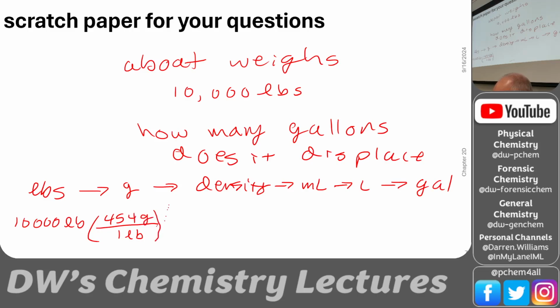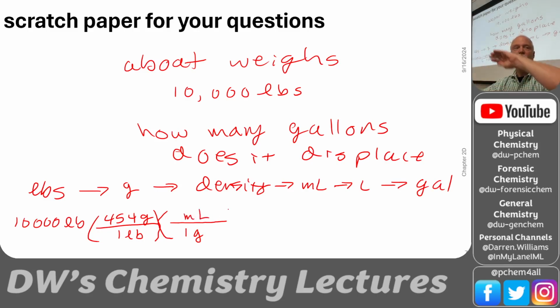I got a really funny story about that, but I'll tell you later. Okay. And then I want to get out of grams and into milliliters, and I can use water for that. And I know the density of water is 1 gram per milliliter, but I'm not going to write that here, 1 gram on top per milliliter on bottom, because it'll be upside down. I need the gram on bottom. So it's 1 gram per milliliter.